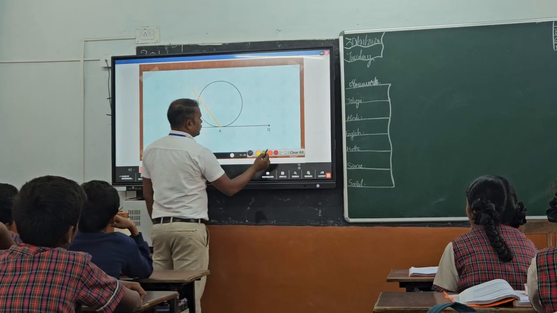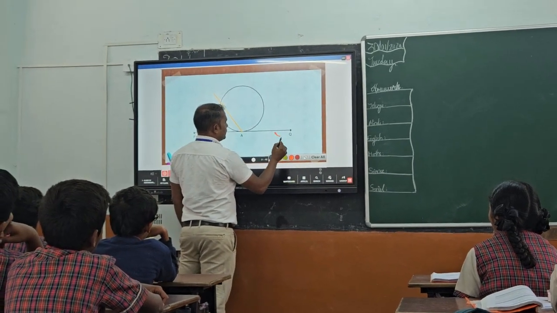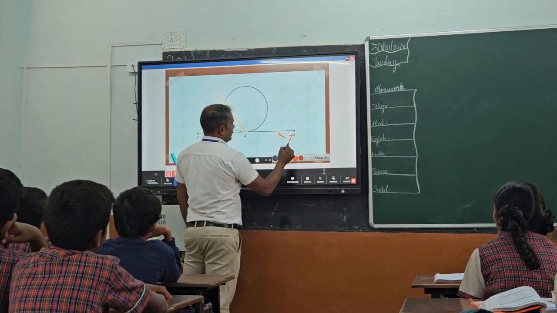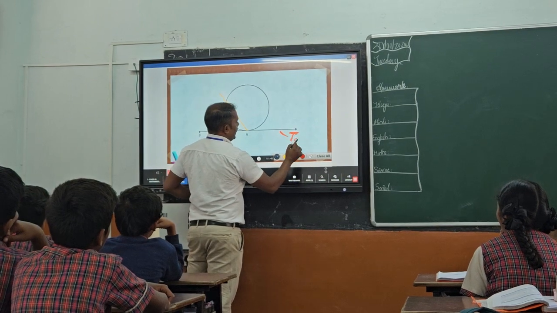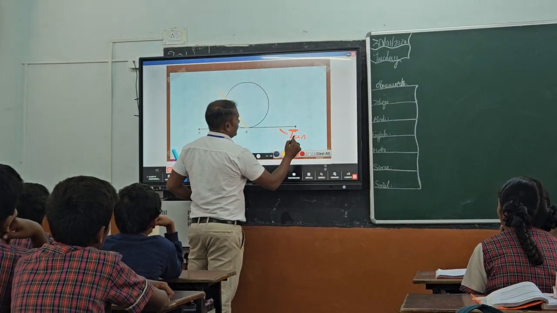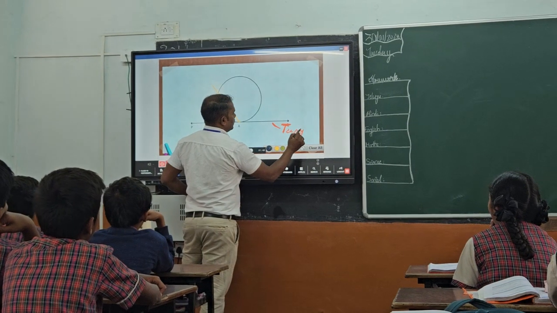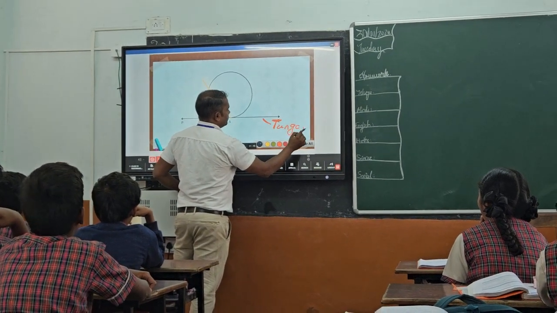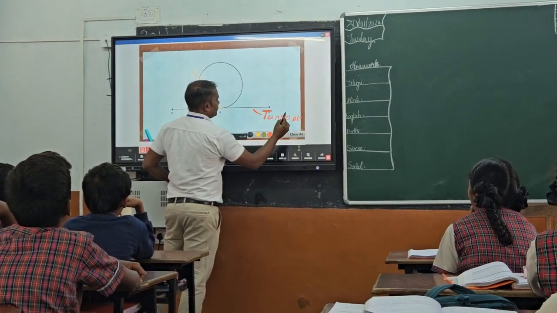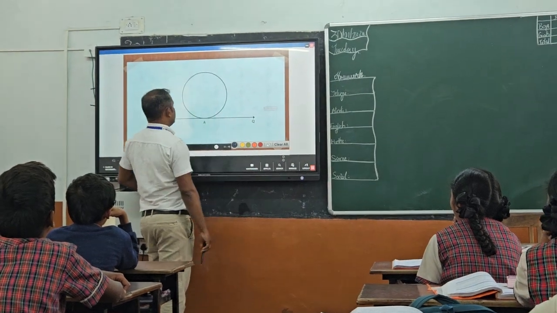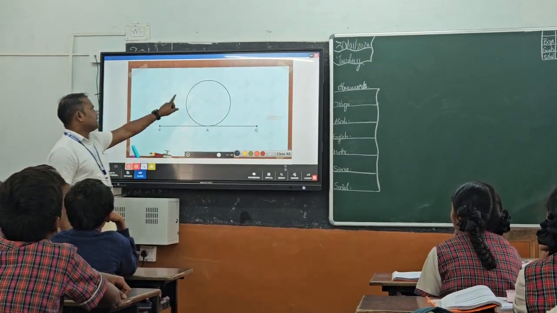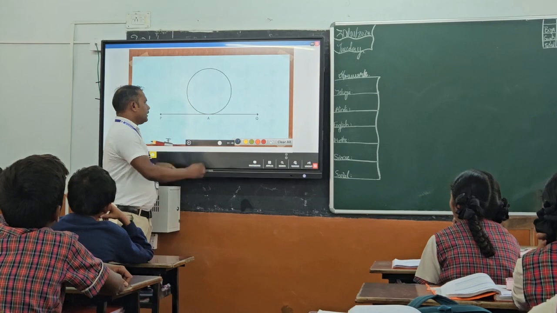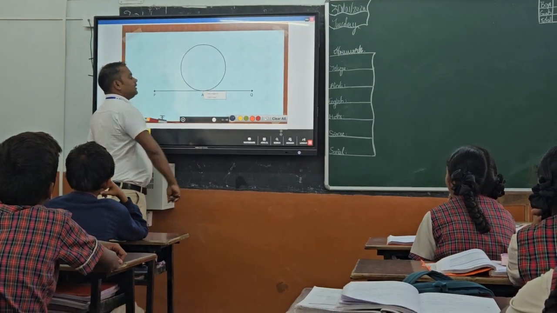So this line is said to be what? Tangent. Whenever a line touches a circle at only one place, it is called a tangent. We will see later, okay? So if a line intersects the circle at only one point, it is called a tangent.